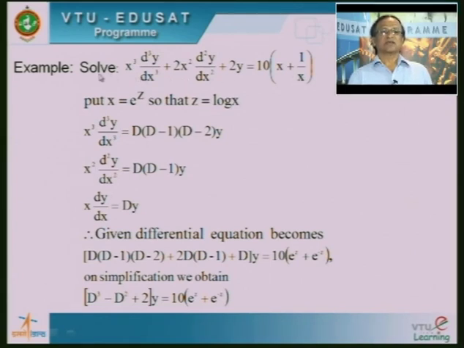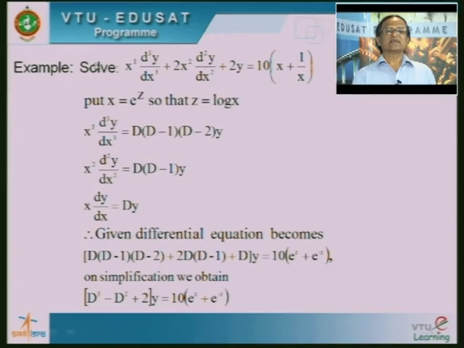So the given equation is x cube d cube y upon dx cube plus 2 x square d square y upon dx square plus 2y is equal to 10 times of x plus 1 upon x. First, I want to verify whether the given equation is a non-homogeneous Cauchy-Euler equation or not.